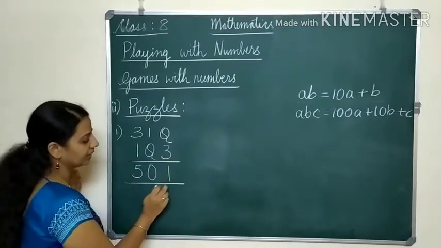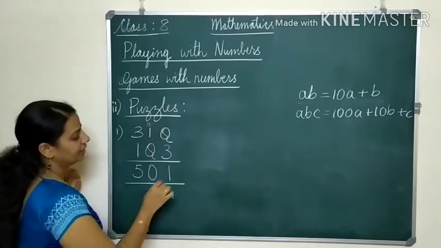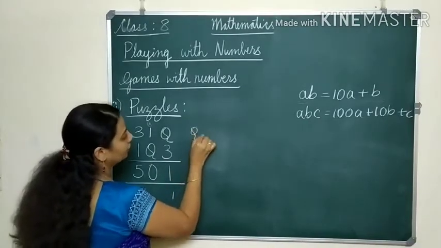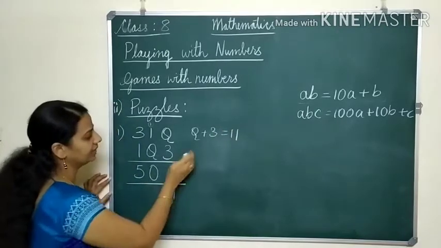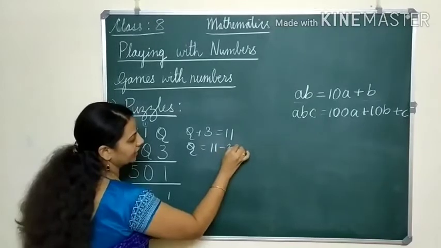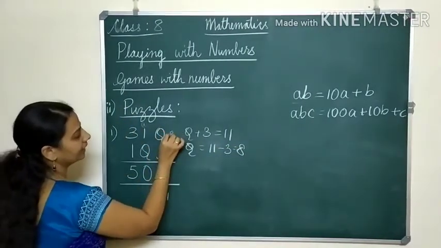So this has to be 11, with 1 carry over. Now can you find out the value of Q? It is very simple. Q plus 3 is equal to 11, so Q is equal to 11 minus 3, that is 8. So Q takes the value of 8.